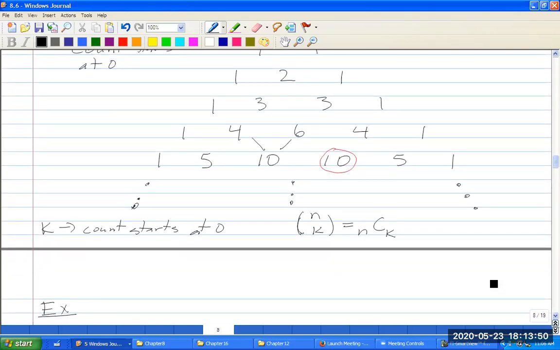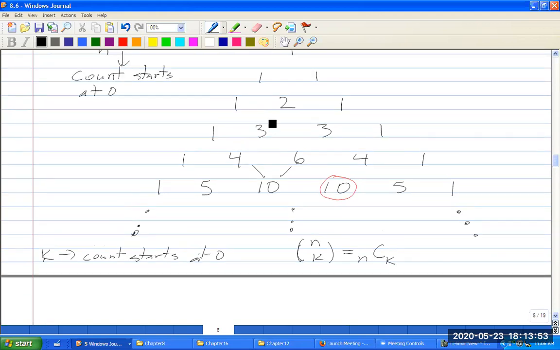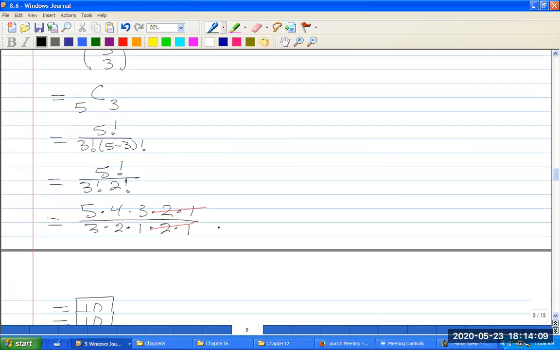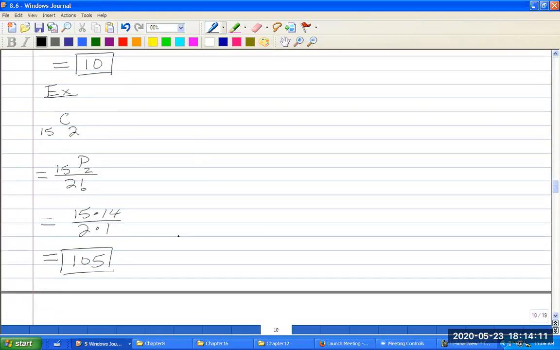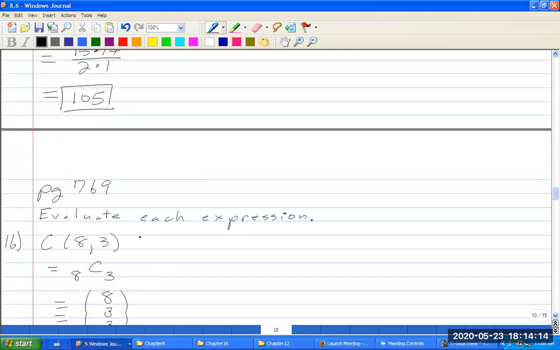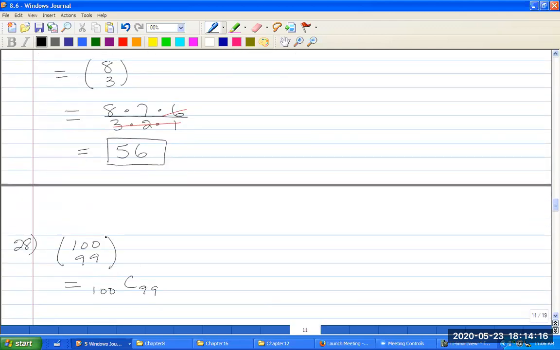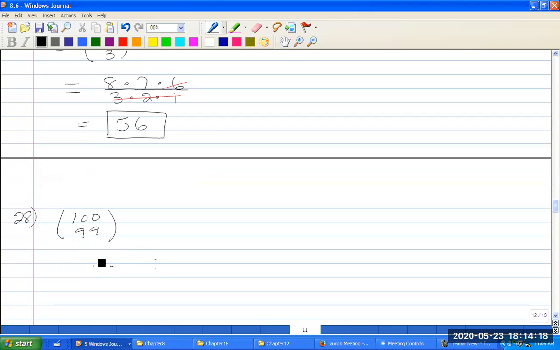So looking on this side is the same as looking on that side. And so rather than 100C99, let's go on this side, do 100C1. So let's do that instead. So instead of doing this number, I'm going to do this number.